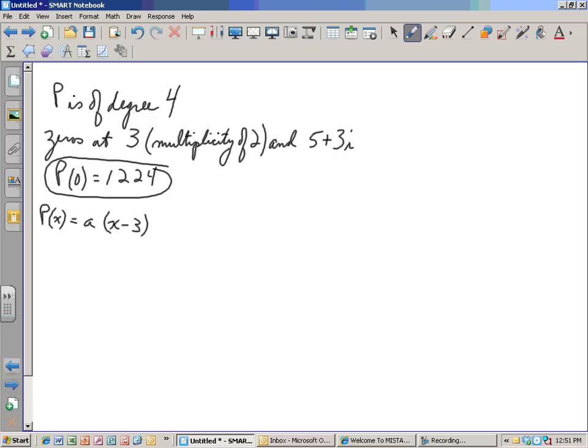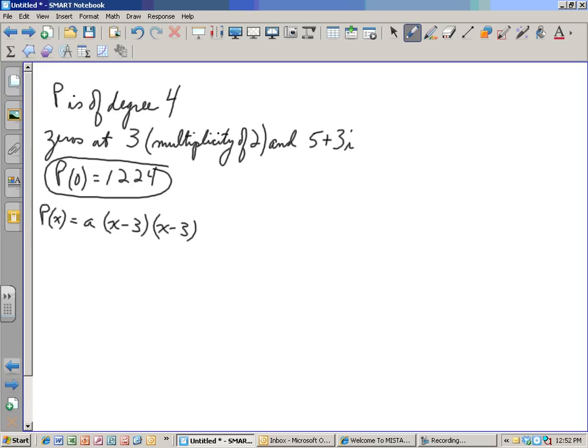Kayla, do you know what that means, multiplicity of 2? Yes. It means that there's 2 x minus 3s.